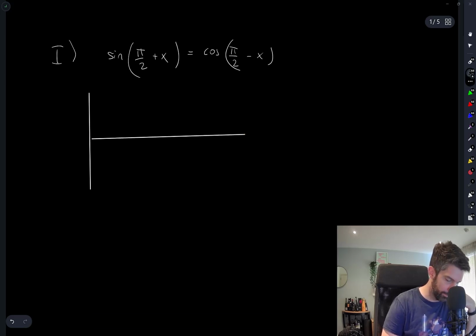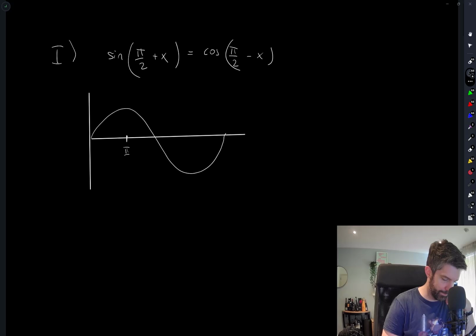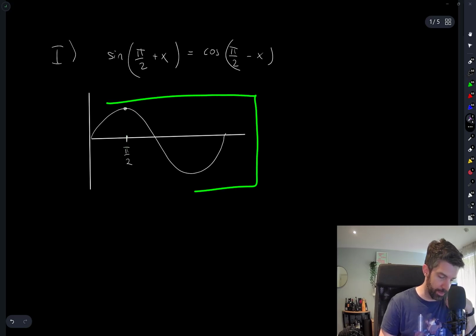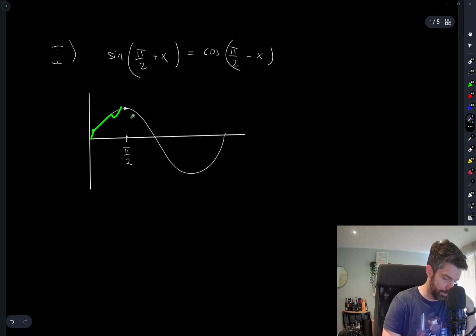Sine x looks like this. That's pi over 2. So sine of pi over 2 plus x is equal to cosine of x, right? If I look at that part of the graph, that is just cosine. So this one's definitely incorrect.